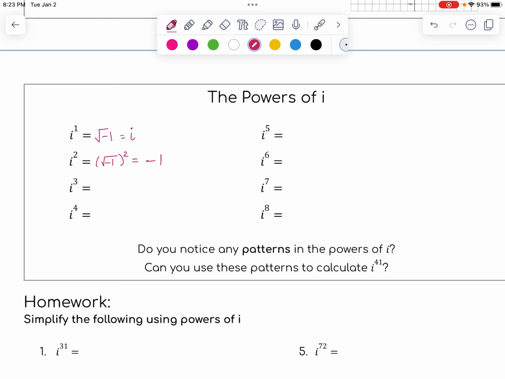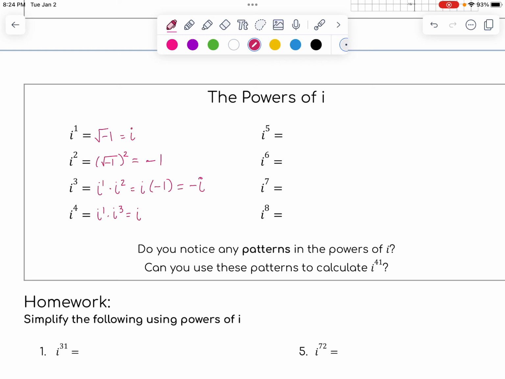Now, how about i cubed? Well, if we think back to exponent rules, that could be i to the first power times i squared, which I know i to the first power is just i, and i squared is -1, so this equals -i. And last, i to the fourth would be like i to the first times i cubed.